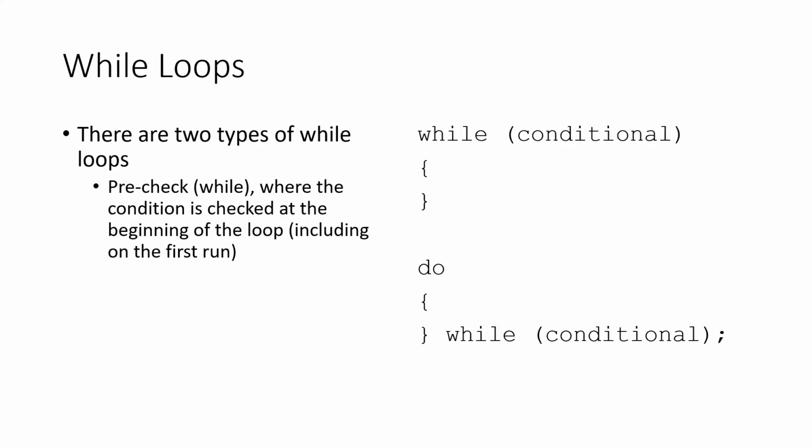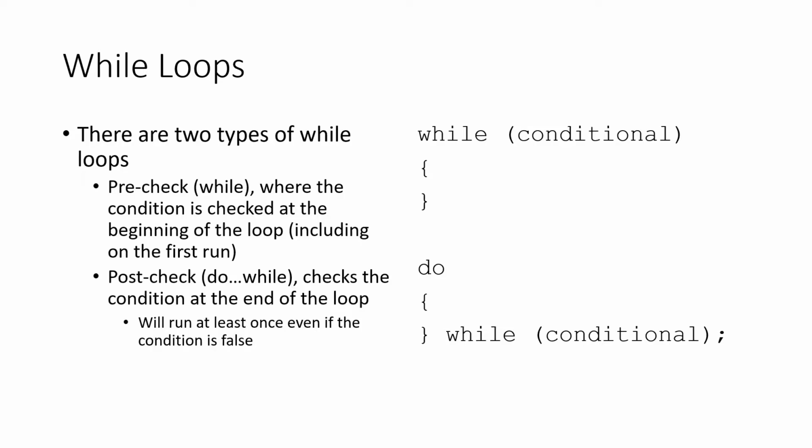As opposed to this, we have what we call post-check loops, which in C are do-while loops, and do-while loops will check the condition at the end of the loop. That guarantees that that loop will run at least once. Now, it's important to note that do-while loops tend to be more the exception than the rule, and most people will try to avoid these by forcing the condition to be true, at least in the first iteration.